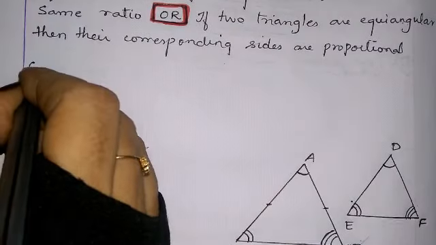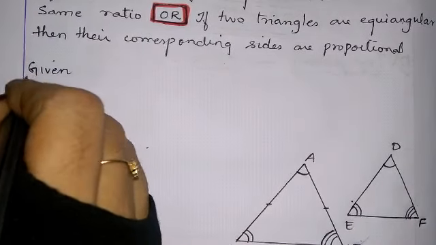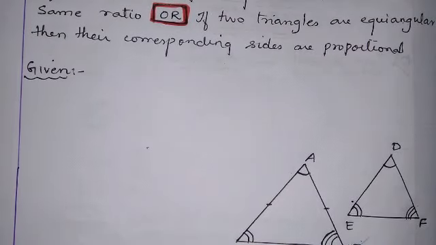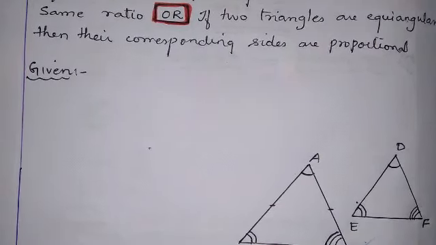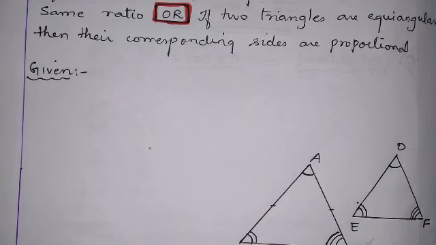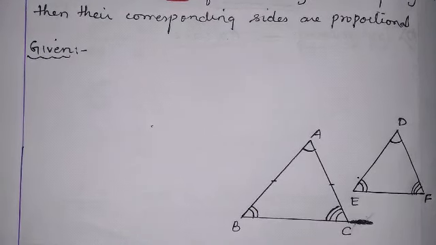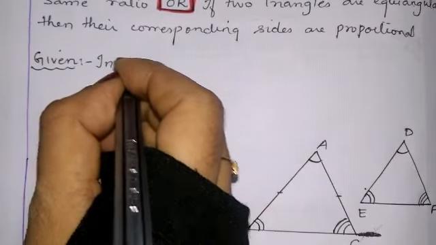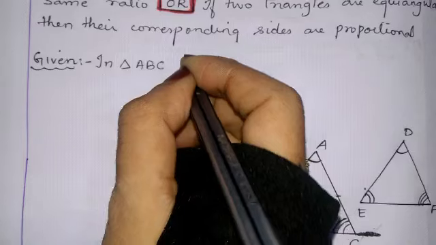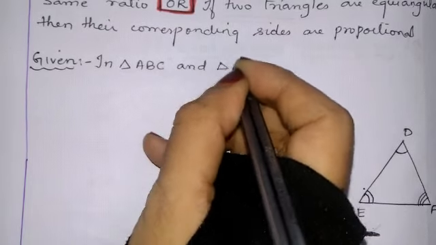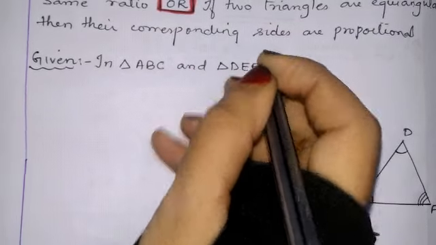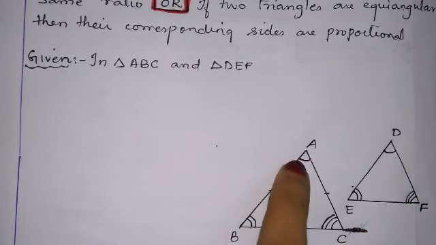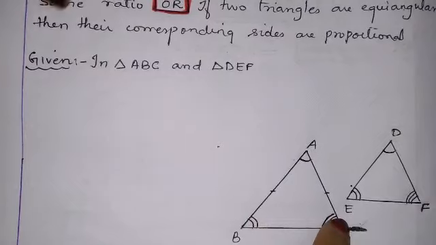Let us write the given part, which is very important now. In triangle ABC and triangle DEF, we can see there are two triangles. So what is equal?